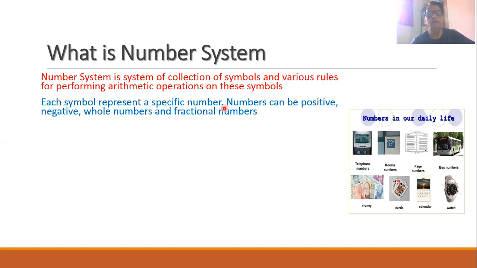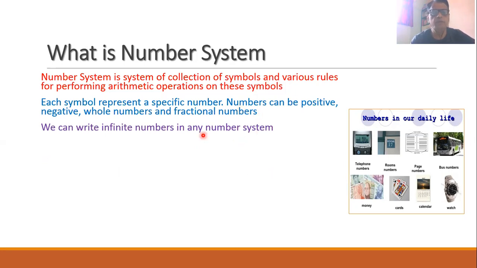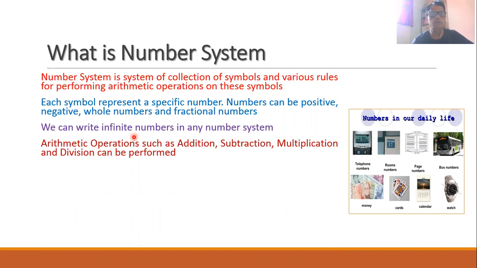Every symbol is a specific number, and these numbers can be positive, negative, whole, as well as fractional. In any number system, we can write as many numbers as we want. There is no restriction; you can write infinite numbers by using any number system.